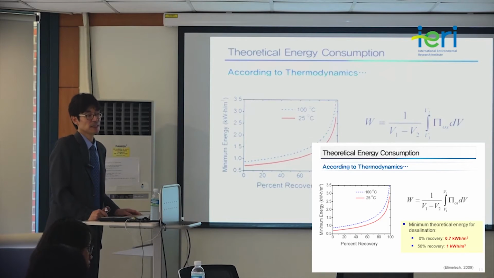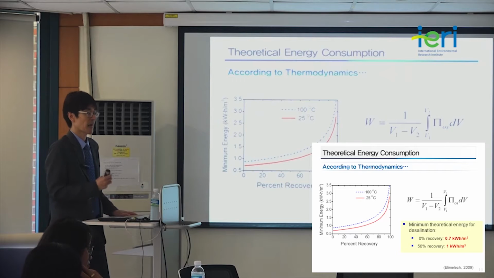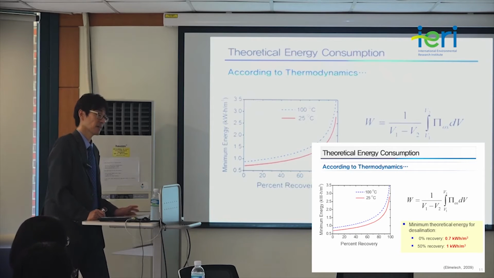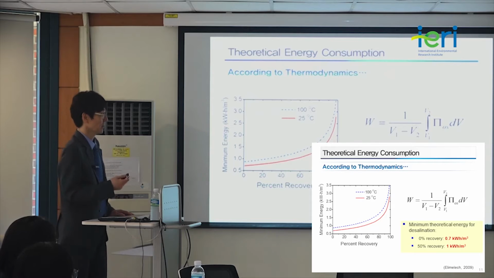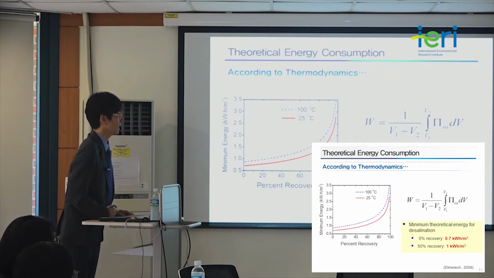So we cannot easily generalize the energy consumption. But in this slide, we can get some concept of the differences between the ideal conditions and real conditions. So I'll explain that a little bit to give you a better understanding.